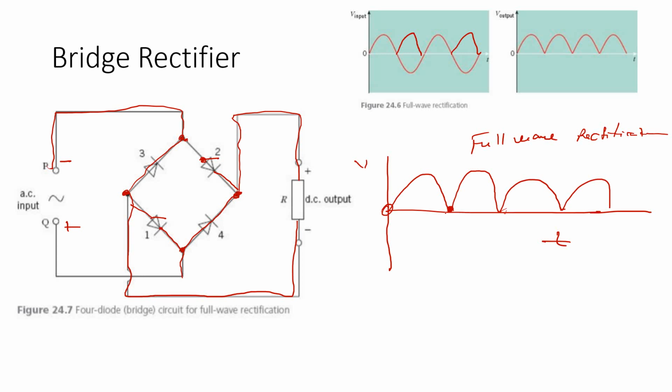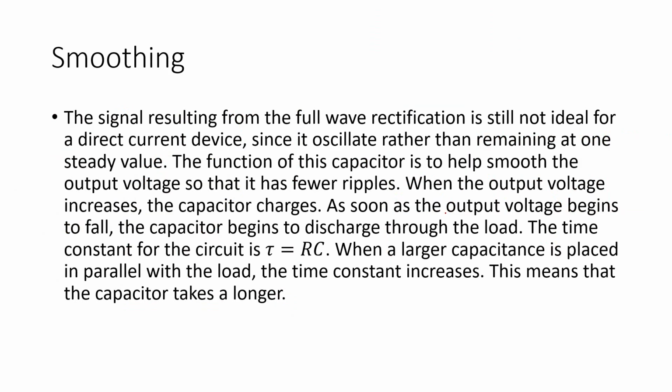So what you're going to see happening here is that the capacitor, whenever it realizes that there's a zero voltage being recorded, is going to discharge itself to give a portion of voltage, because the capacitor stores charge. In the process of discharging, it's going to smoothen the full wave rectification wave.